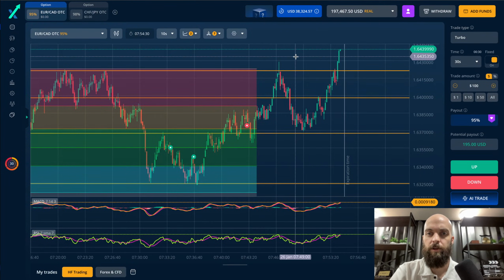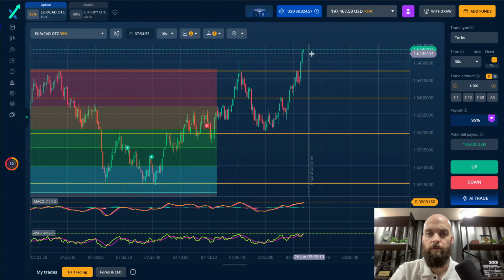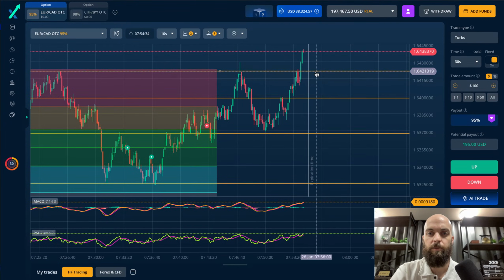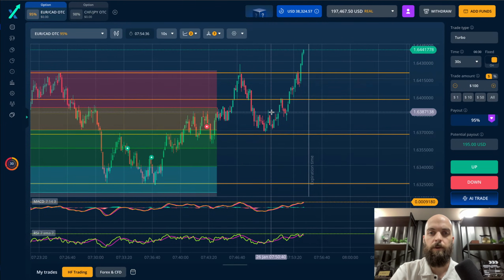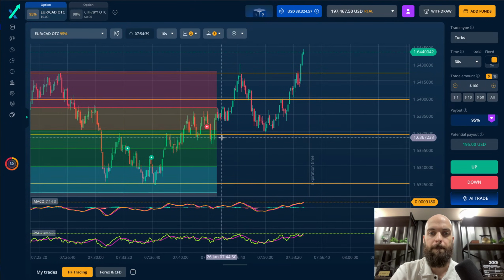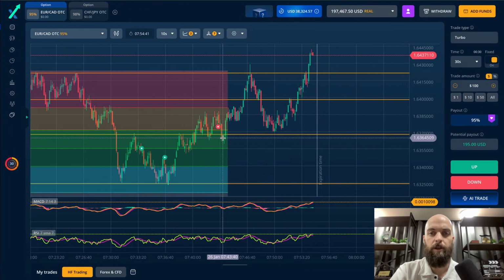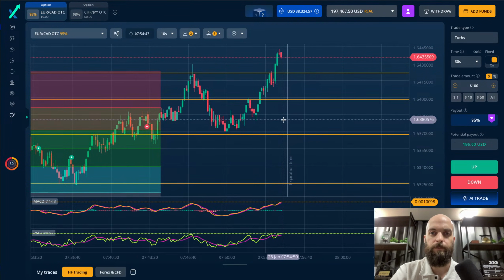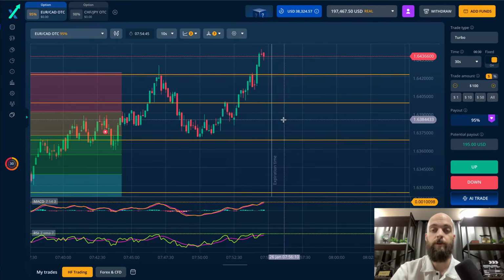Swept some more liquidity. And this will probably turn into support after it finally broke. It's almost like a cup and handle. Okay, well that works in our favor. We can use this as support.